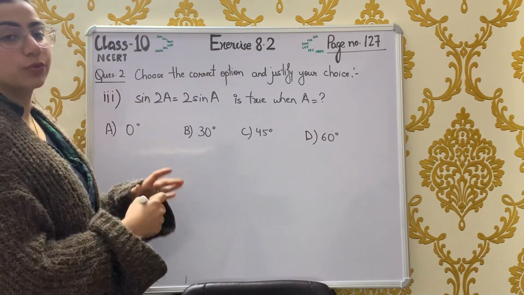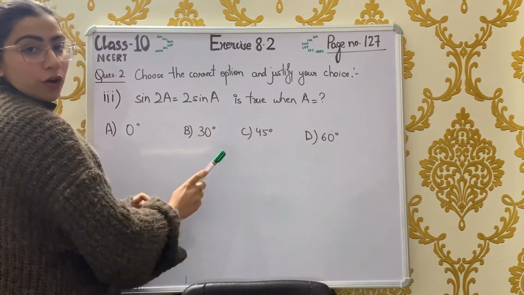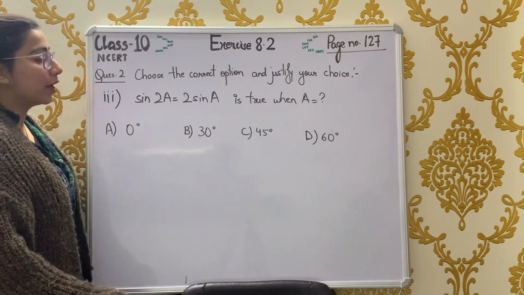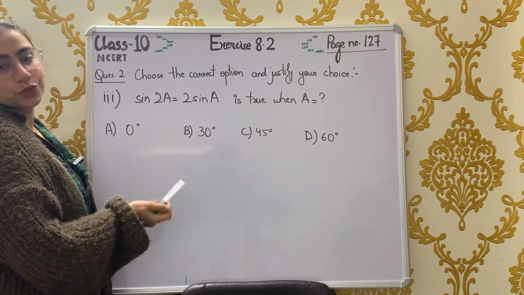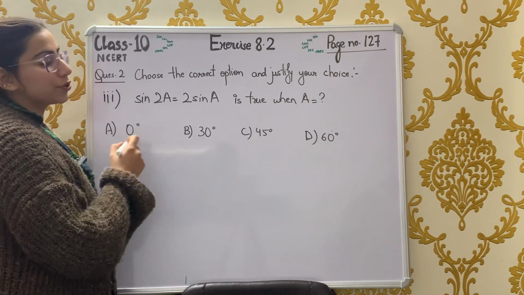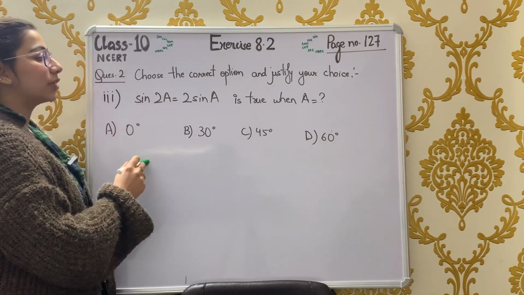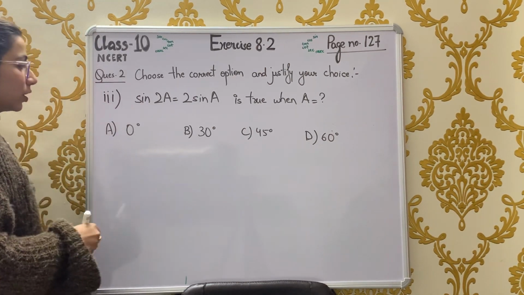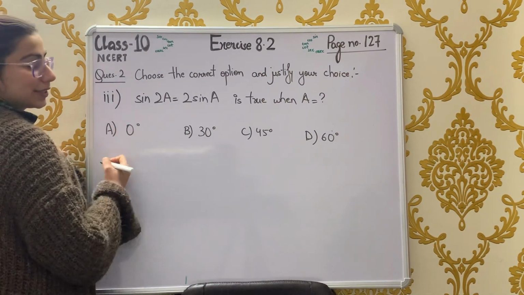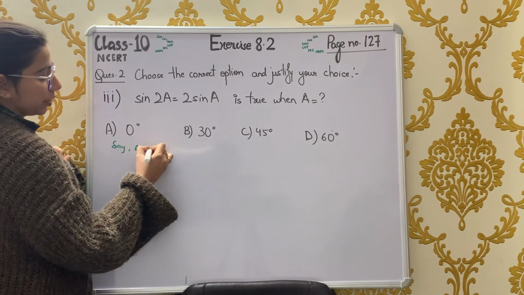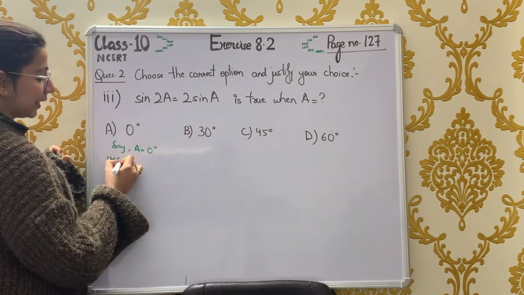In third part, we are asked that for what value of A, sine 2A will be equal to 2 sine A. So in these type of questions, what we need to do is check the options given to us by putting the values of them in the statement and check if it validates or not. So let's start with option A, that is 0. Say A is equal to 0 degree. Let's start with LHS first.